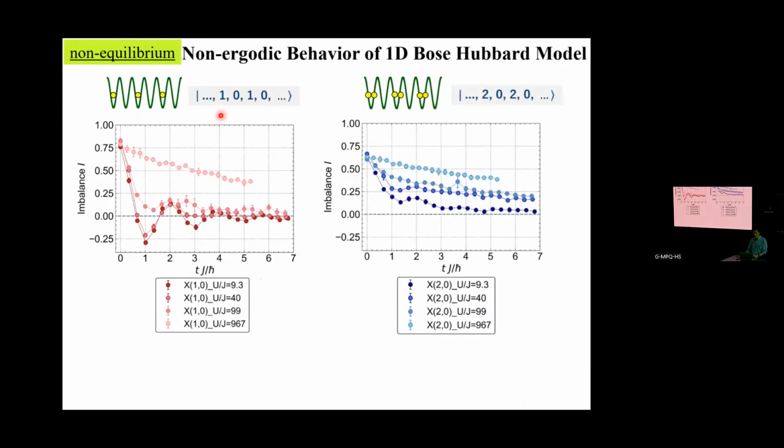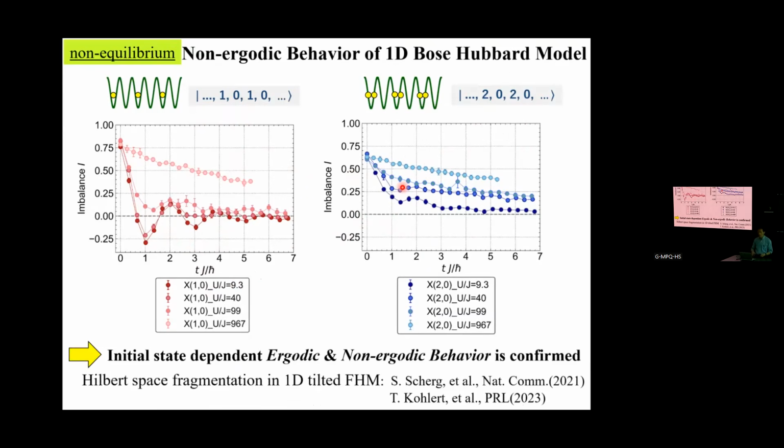In the case of 1010, the imbalance is damped to the steady state of 0, but in the case of 2020, the imbalance is frozen for strong interaction. So experimentally, the initial-state-dependent ergodic and non-ergodic behavior is confirmed.